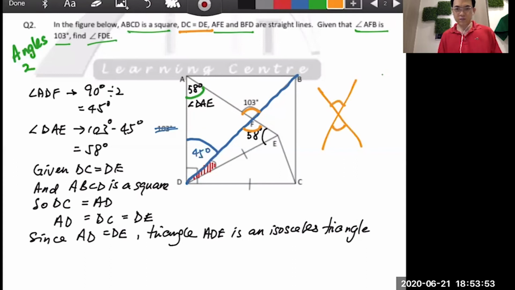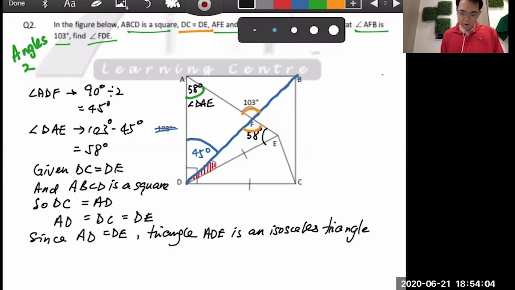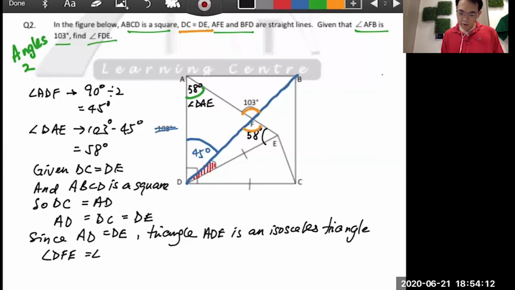We call this vertically opposite angles. Okay, so I'm going to use that to find angle DFE. So angle DFE is equal to angle AFB. Take your time to take a look at that. And then this is equals to 103 degrees.